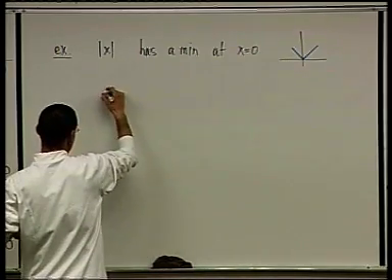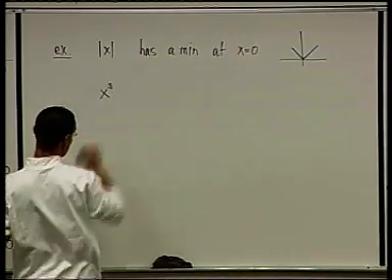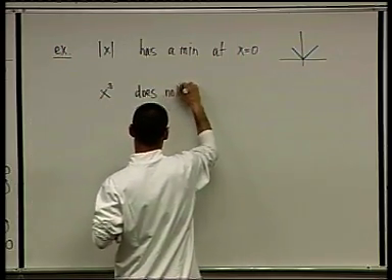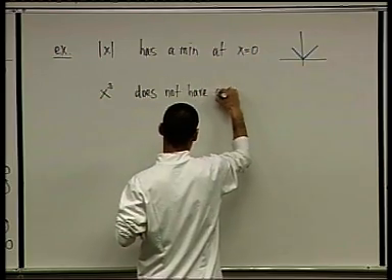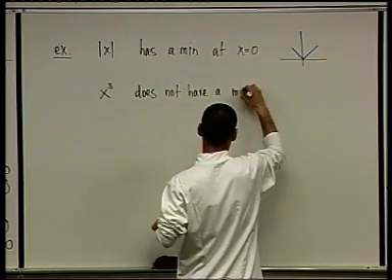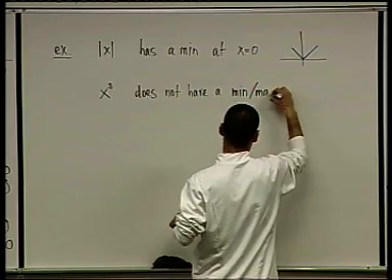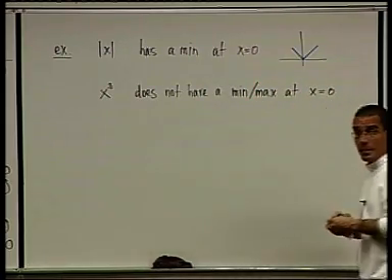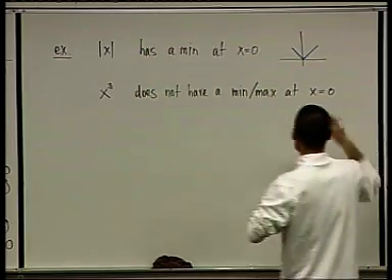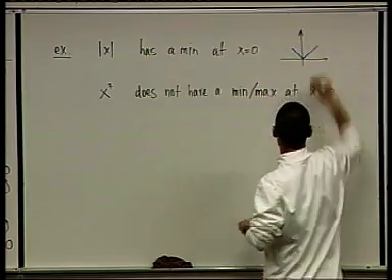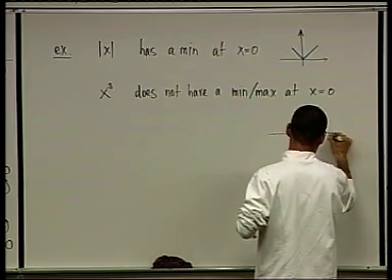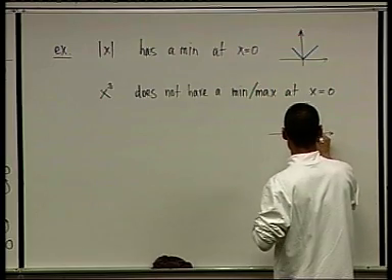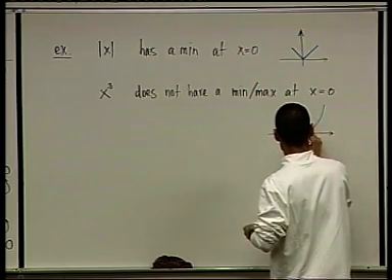The function x cubed does not have a minimum or a maximum at x equals 0. Why am I saying this? Because this is a situation where the derivative is 0, right? X cubed looks like this.